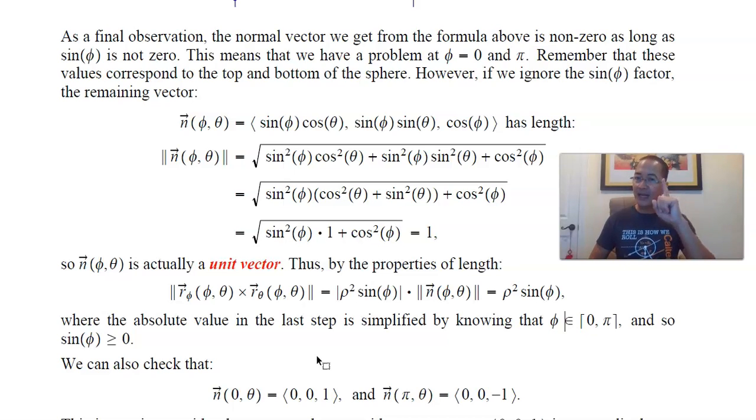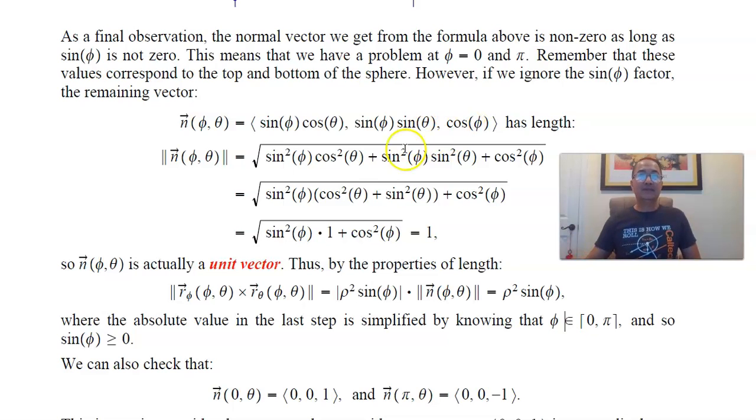However, the only reason the length is 0 is because of this pesky factor of sine of phi. It does not appear in this vector. Well, it does appear, but there is a cosine phi over there.